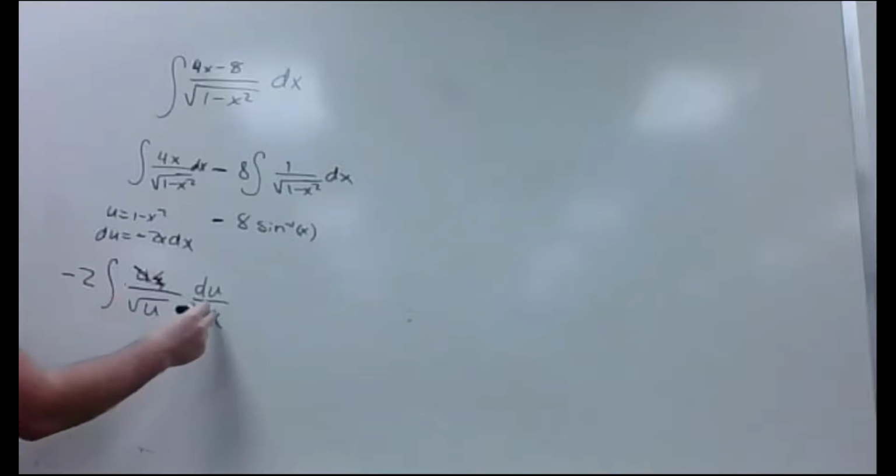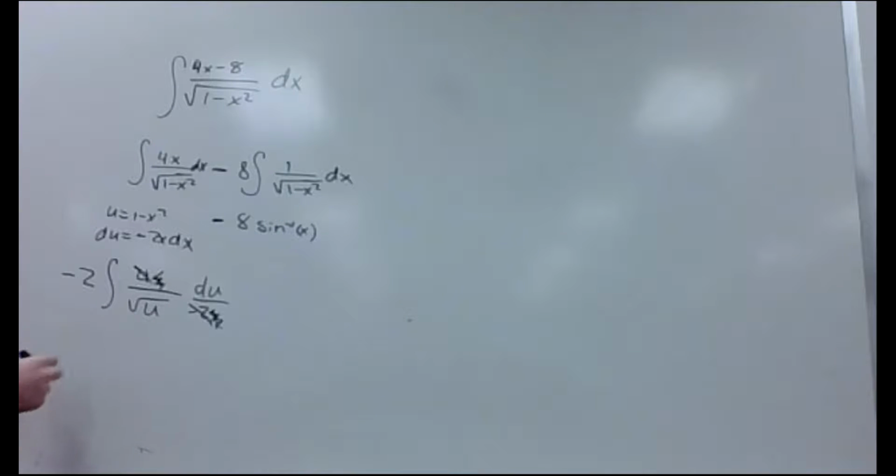And then these x will disappear. And then we can rewrite this as u to the -1/2. So that'd be u to the 1/2 times 2 times -2, right?